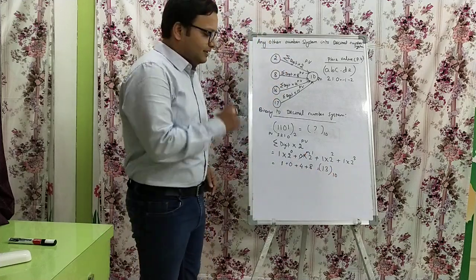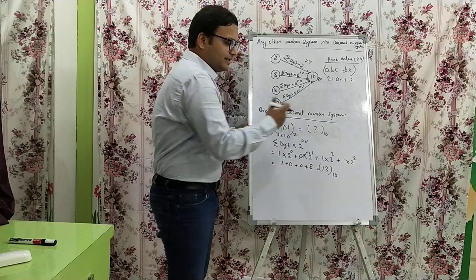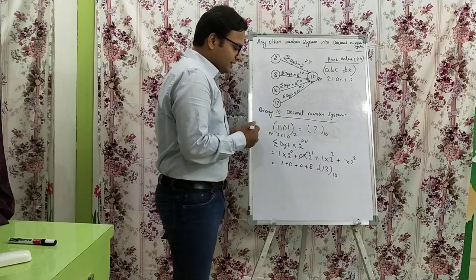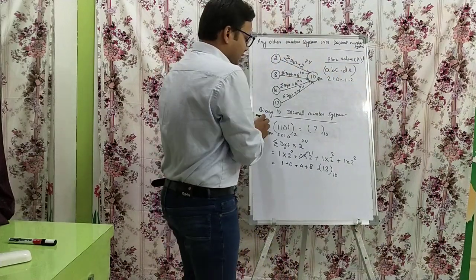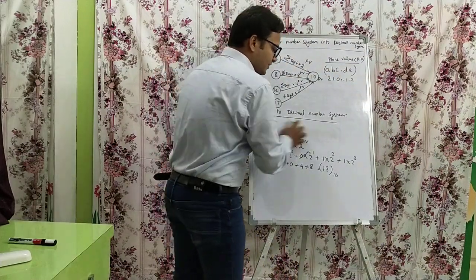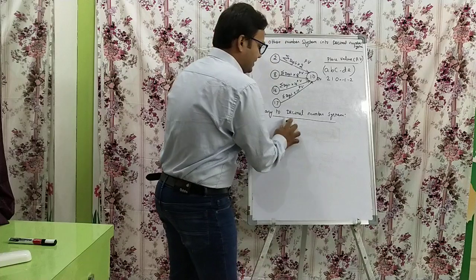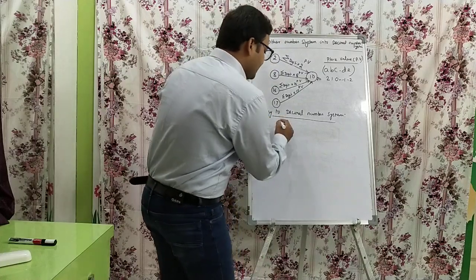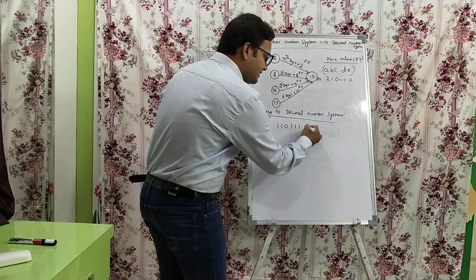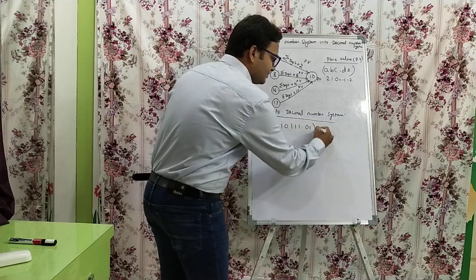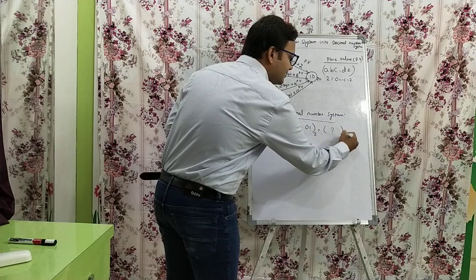Do you all understand? This is the way we can convert this binary number system into the decimal number system. I'll take 1 or 2 more examples so that you can understand. Let's take 10111.01 into the decimal number system.